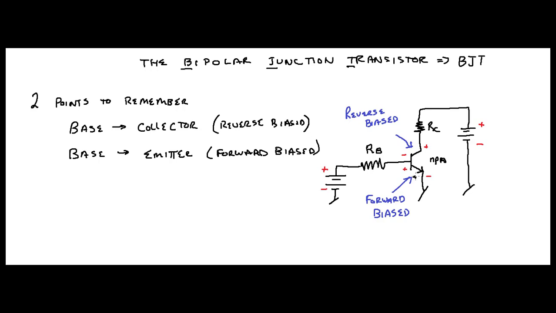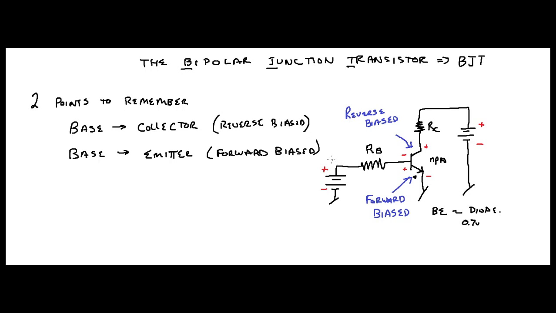That part with the arrow, the emitter, from the base to the emitter, BE, is basically a diode. You need to have at least 0.7 volts across that for it to conduct.